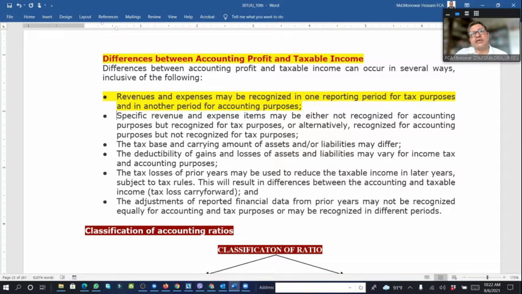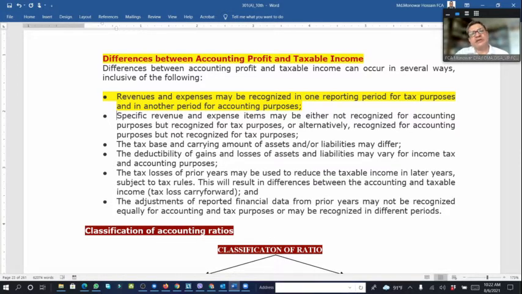For example, for one of our furniture items or machines, we estimate a life of 10 years. So as per the accounting policy, 10% would be the depreciation, because after 10 years the machine is no longer usable. But if we see our third schedule, it may be 20% or 5%.